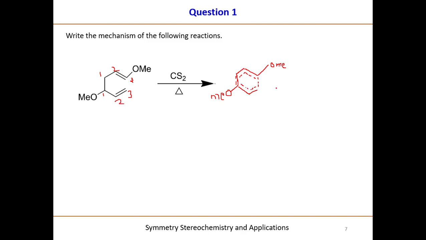A 6-membered cyclic transition state we will observe here, and the formation of the product will take place here. This is a cyclic transition state. So what will be the product? The 3-3 bond formation will take place in the product, but the 1-1 bond will break. So the OMe group will come here.